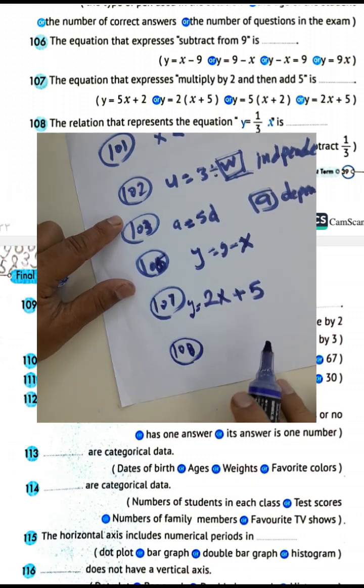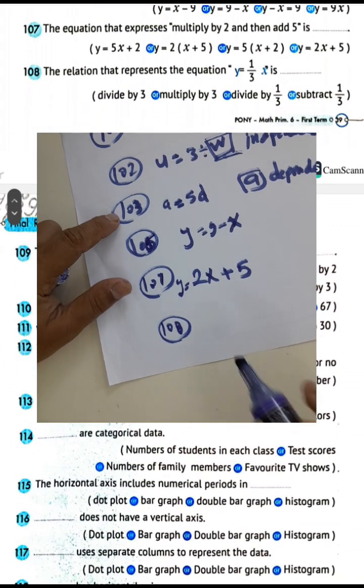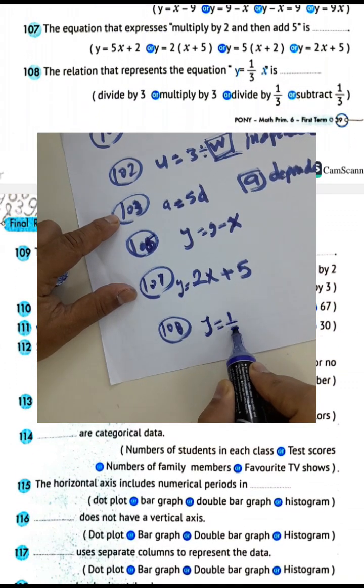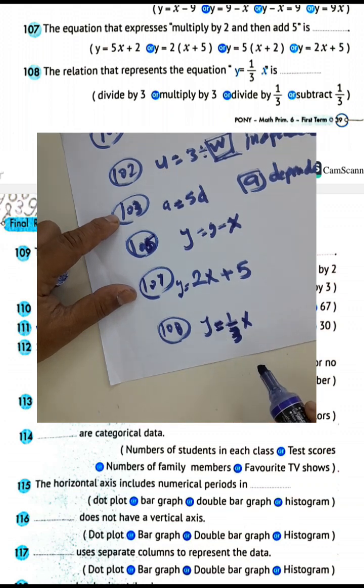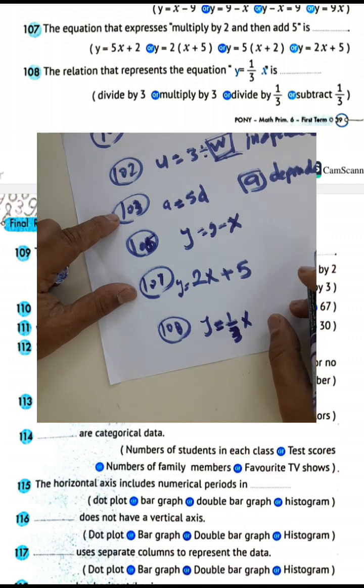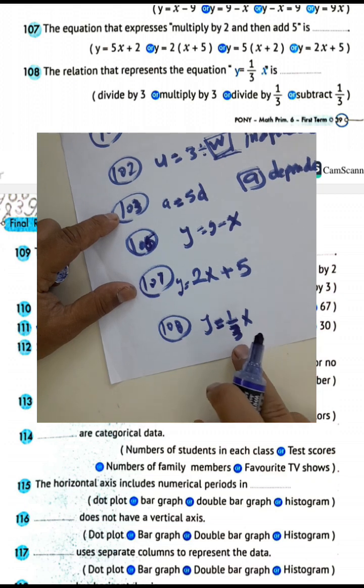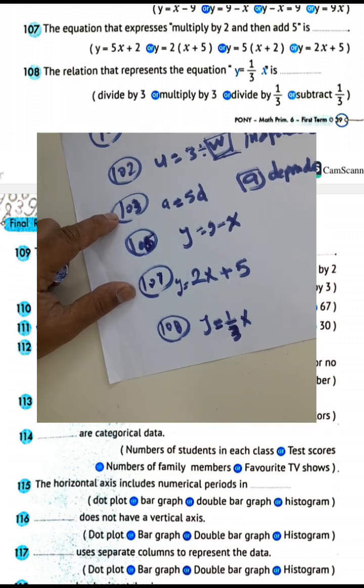Question 108. The relation that represents the equation y equals a third of x. It means what? Divided by 3. Okay, divided by 3 or multiplication by a third. Choose multiply by a third? No, we haven't multiplied by a third there, right?